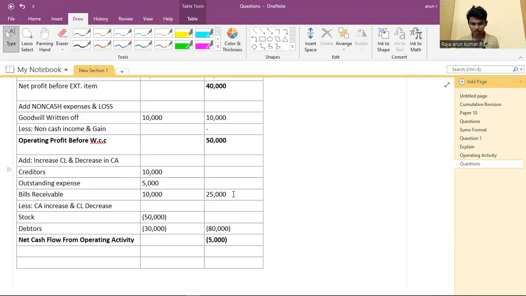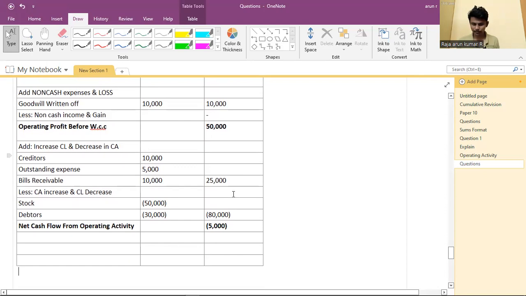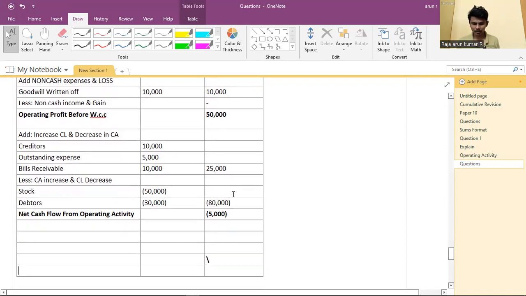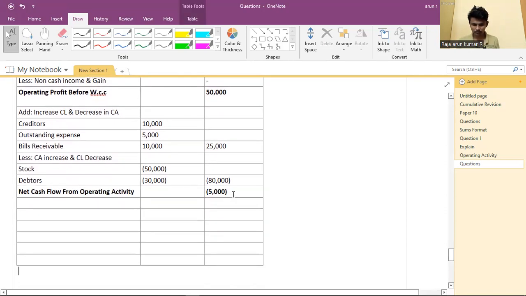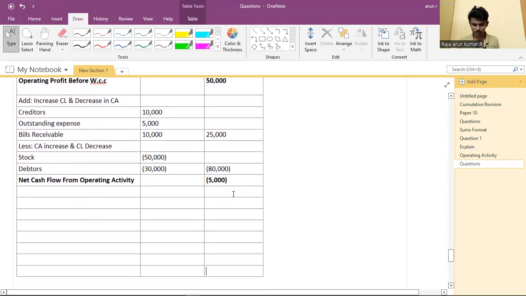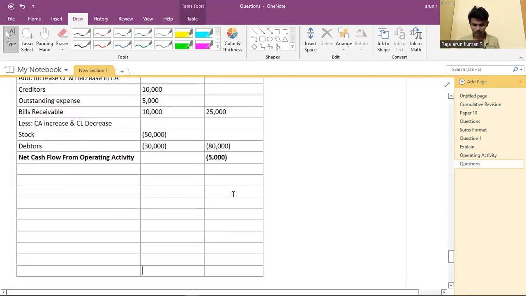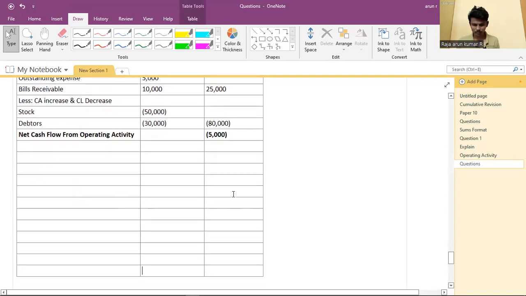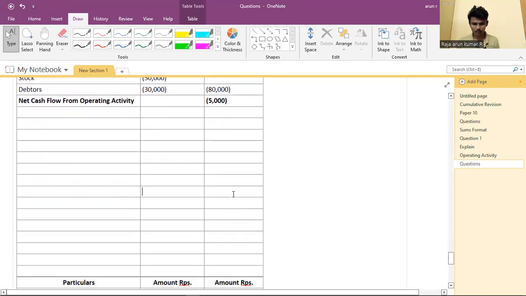I do the net flow from operating activity, and the balance method also I do. Okay.